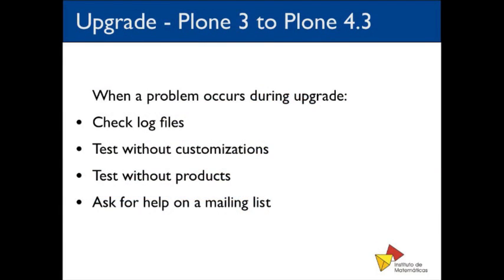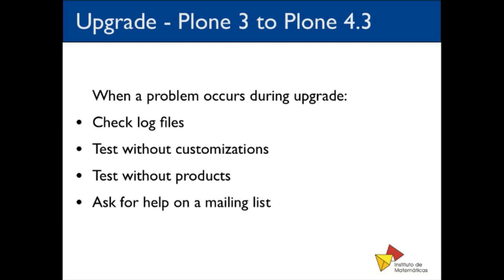Basically, what the upgrade guide told us when we encounter a problem is that we have to check logs, try to test without customizations, and if it's still broken, if you can't pass all the migration steps, take your custom products out, and try to run the upgrade steps.